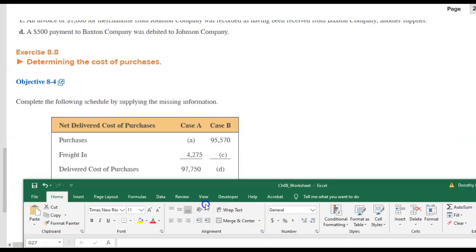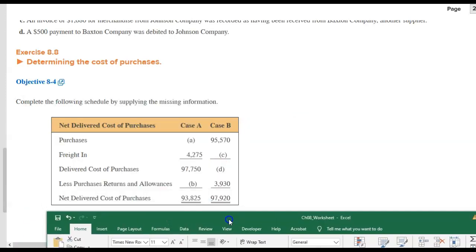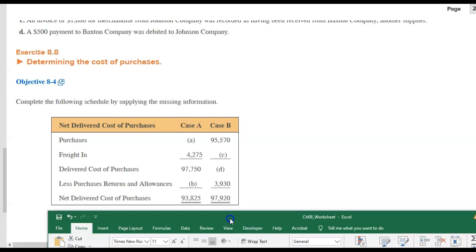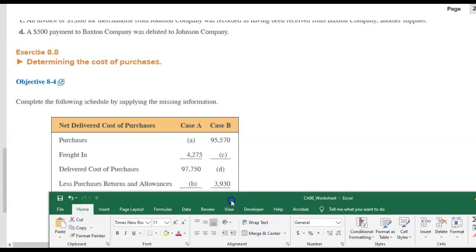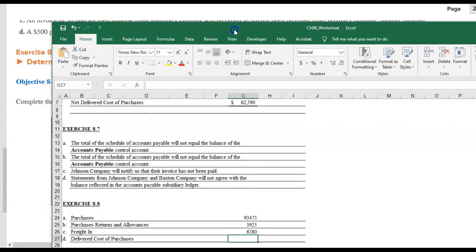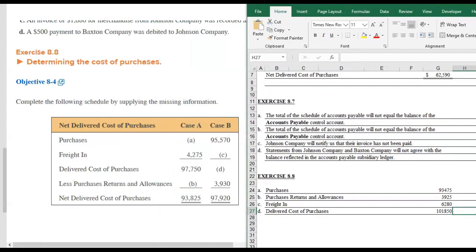Yeah, A is 93,475. We knew that one. Okay. We got that right. Purchase B is 3,000 less return allowances. 3,925 is B. C, we have 6,280. And for D, it's actually 101,850. You can go ahead and plug those in and recheck those numbers and make sure it works.